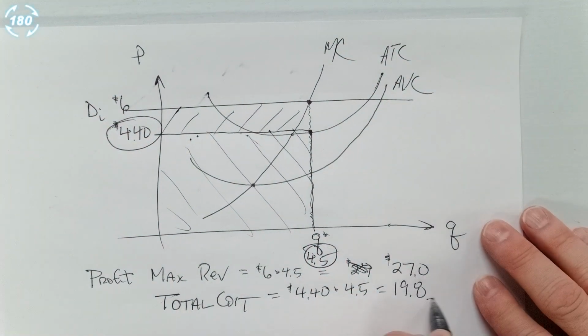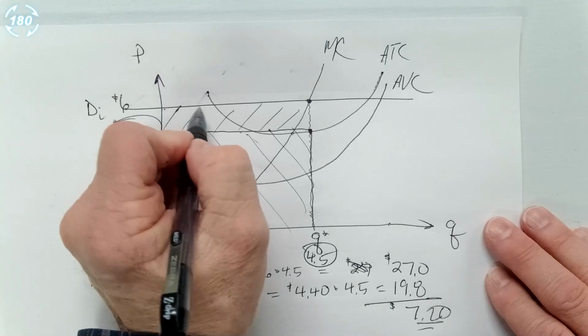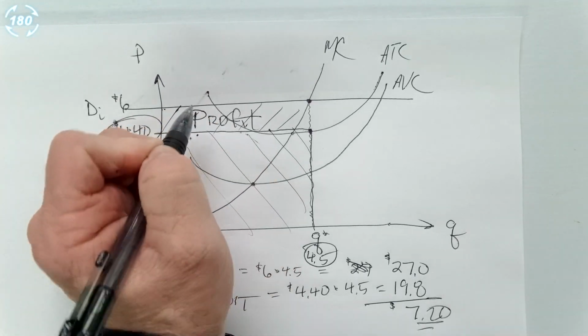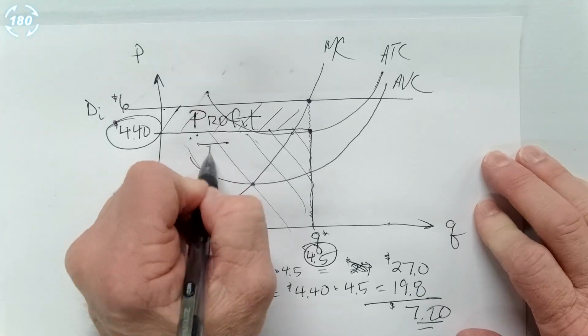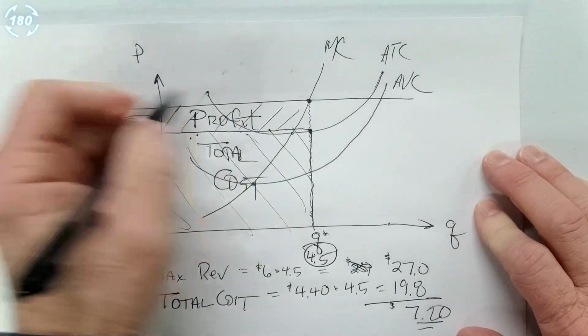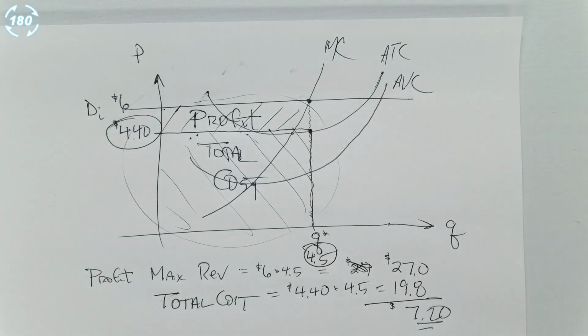Okay, so here this looks to be $7.20. Just using my numbers here, but that would be the area of this. This is the profit. This rectangle here is total cost. And all of this is the total revenue at the optimal level of output.